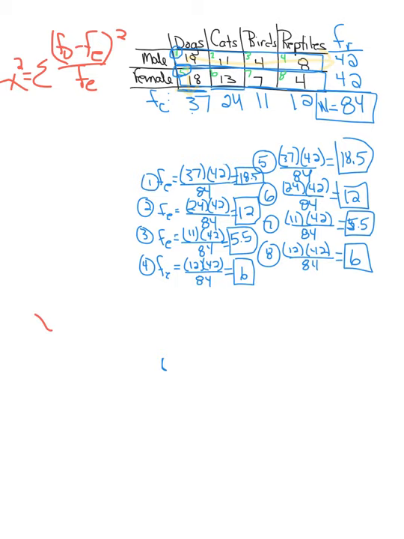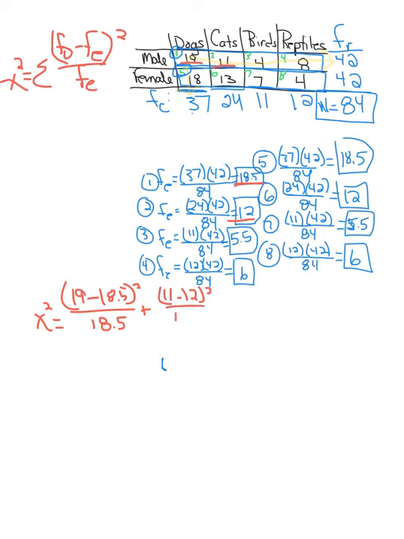So basically, we have everything we need now. So let's focus on cell 1. The observed frequency was 19. Our expected frequency was 18.5, right? And then that's squared divided by 18.5. Then for cell 2, the observed frequency was 11 minus the expected for cell 2, which was 12, right?